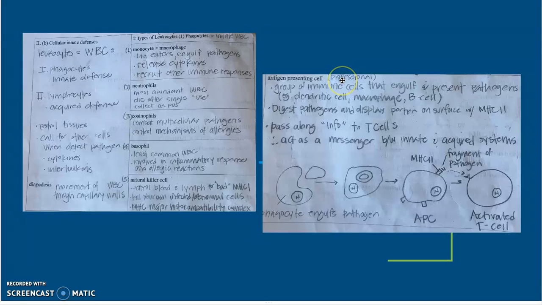The reason we call them professional is because all of your cells have the MHC1 on the outside, and they can all present a distress flag and say, please, natural killer cells, come and get me. I'm having a problem.